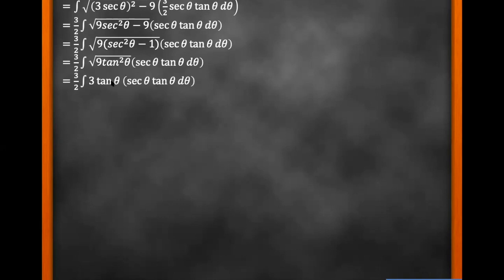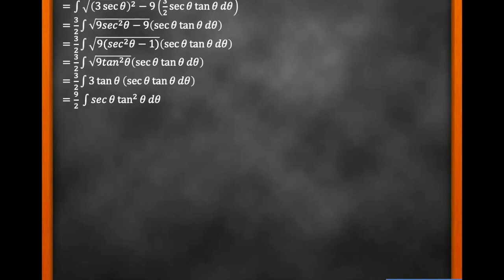Now we combine them. So 3 times 3, we have 9. So we have 9 over 2 before the integral symbol. So all the constants are put in front of the integral symbol. Tangent times tangent is tangent squared, so times secant theta d theta. And now we integrate this given function.